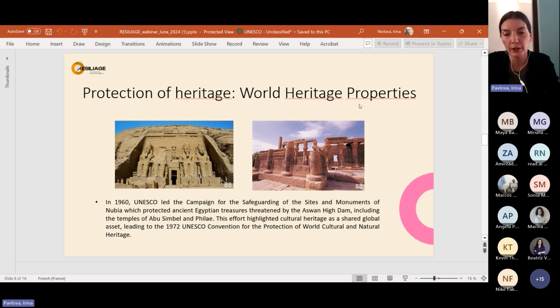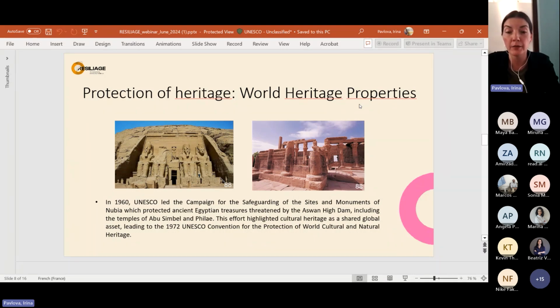Actually, the idea of heritage protection by the international community dates back to the 1960s. You might know the story of the Nubian monuments in Egypt. Back in the 1960s, the Egyptian government had to make a hard choice about the construction of a high dam on the Nile River due to the economic situation. At the same time, the government was aware of the value of the Nubian monuments and temples.